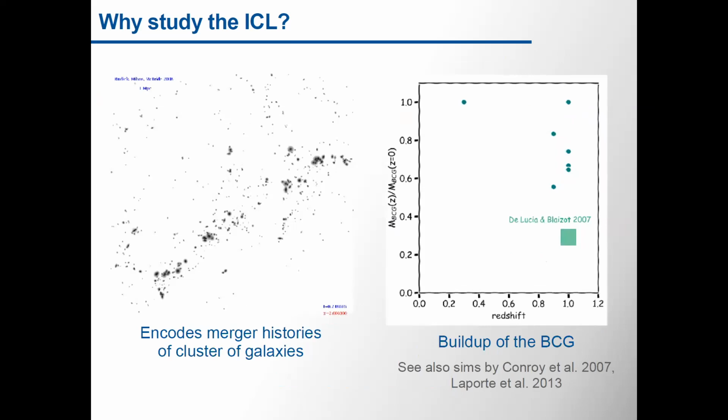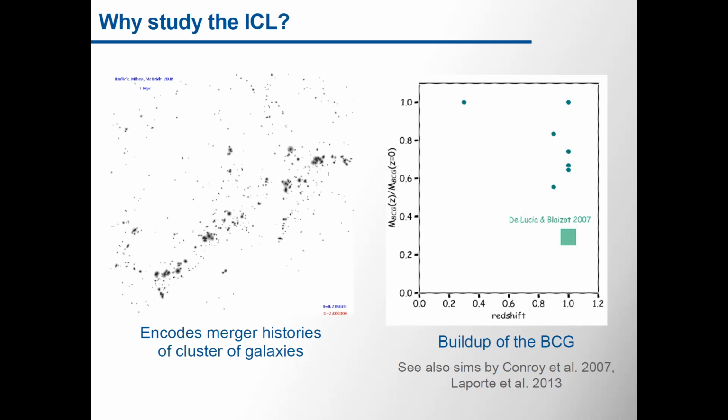So you might be interested in the most massive galaxies in the universe, the BCGs. The simulations predict a growth rate of these massive galaxies that is not in line with what we see in observations.